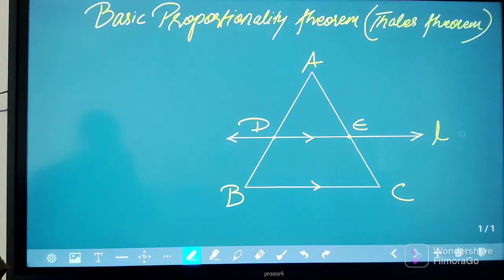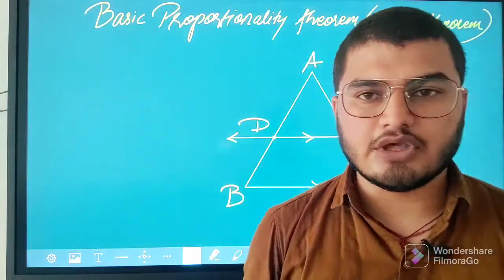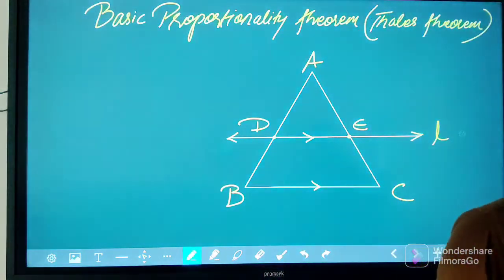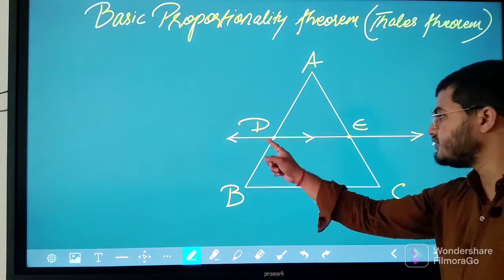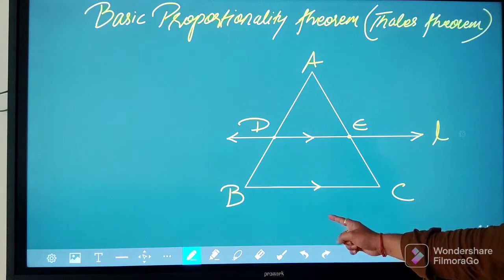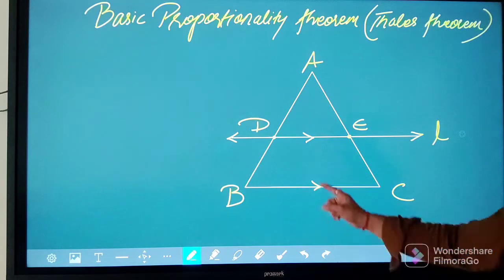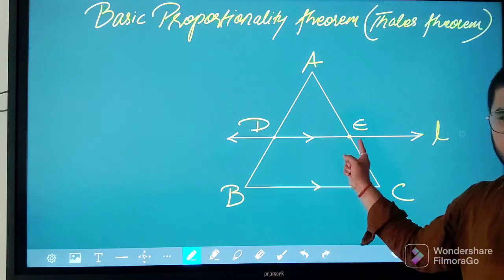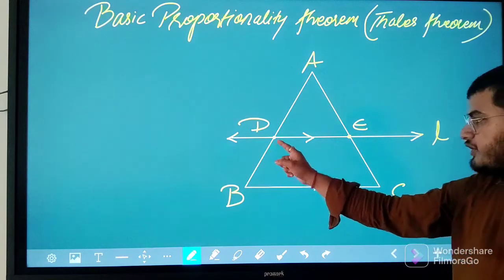So the basic proportionality theorem says that, first of all write down the theorem. The theorem is saying that if a line is drawn parallel to one side of the triangle, to intersect the other two sides in distinct points.